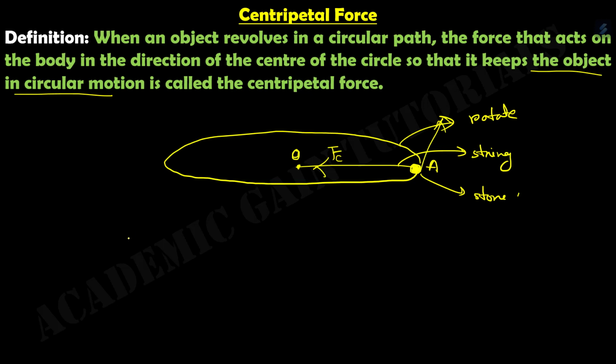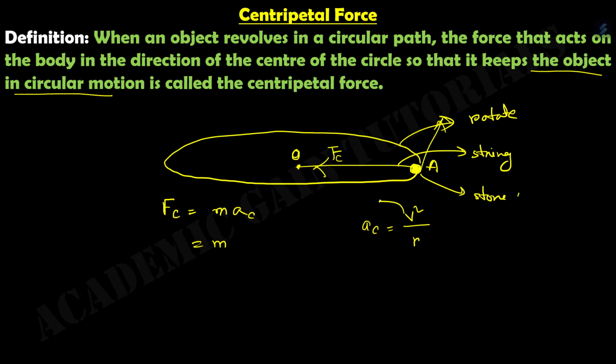Now we will see what the formula for centripetal force is. We know force equals mass times acceleration. Here our acceleration is centripetal acceleration, and we know the centripetal acceleration a_c equals v squared by r.